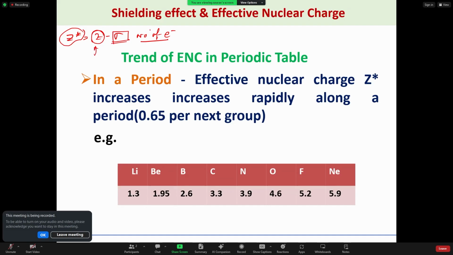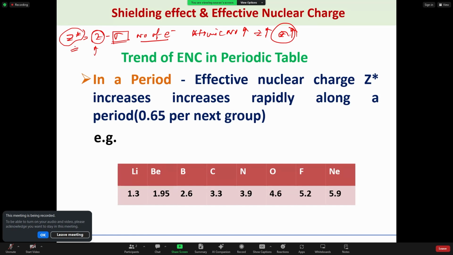Suppose when this atomic number is increasing, then the Z value is also increasing. Then the sigma value is also increasing. But you have to know how much this sigma value has increased. If we subtract that value, then we will get the Z star value.